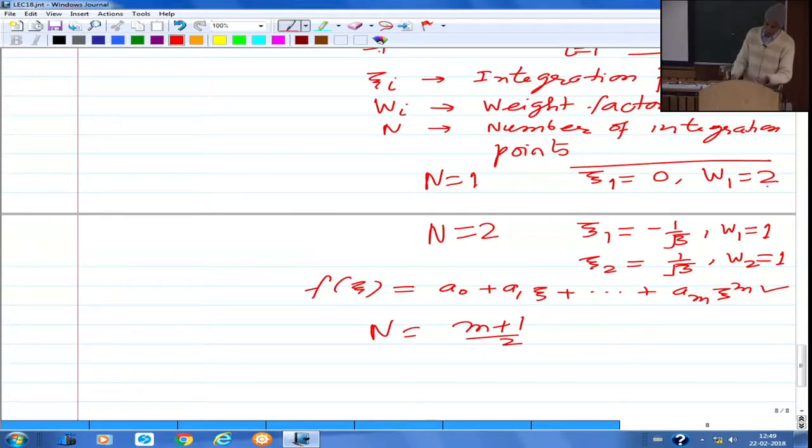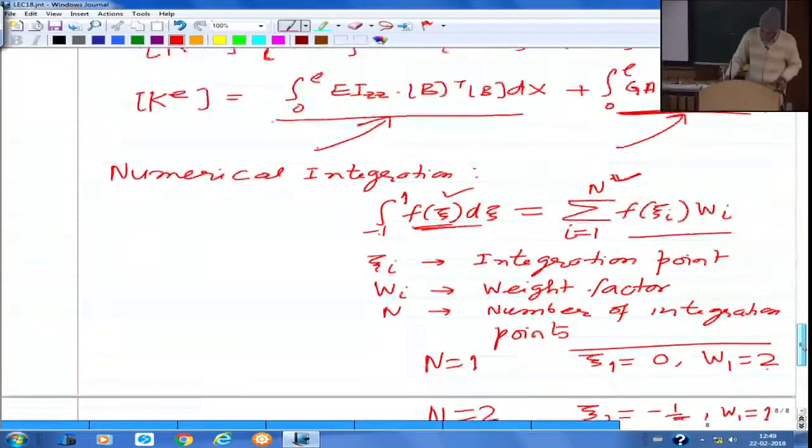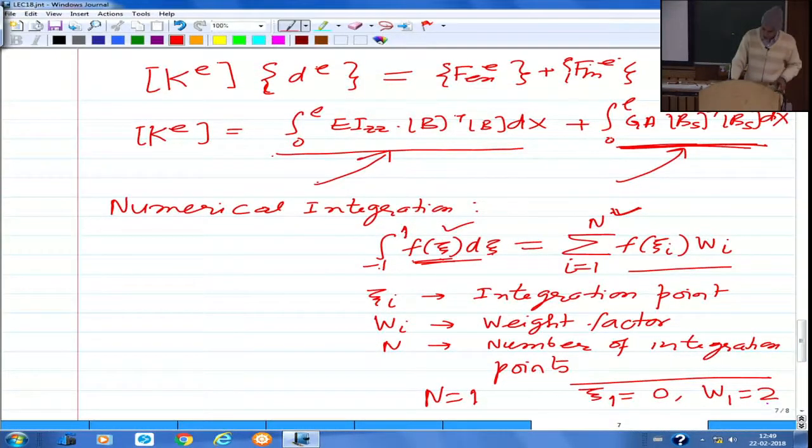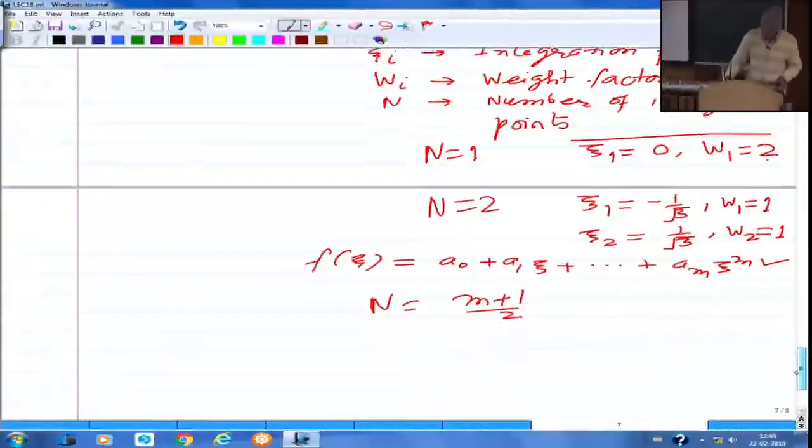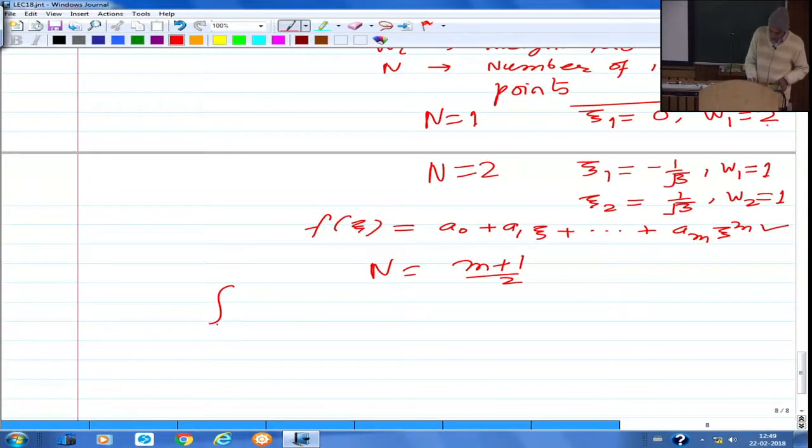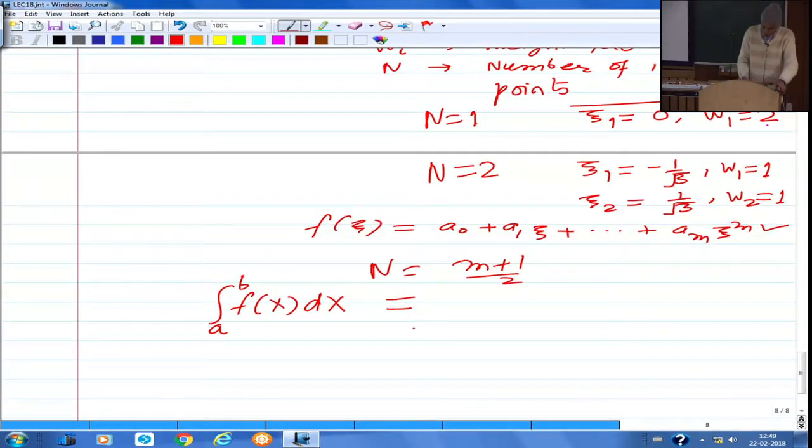So now what we are talking about is the integration from 0 to L. If you have any other integral, say the general case, integral a to b f of x dx, through a transformation of variables you can convert this into the same kind of problem. So you can write this also in a similar fashion, sum over i going from 1 to n of f evaluated at xi into, let us say, w_i bar.